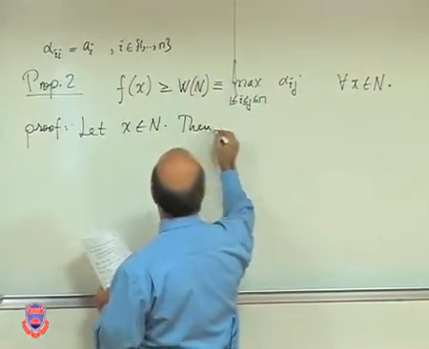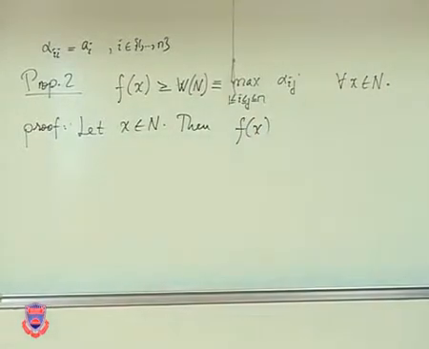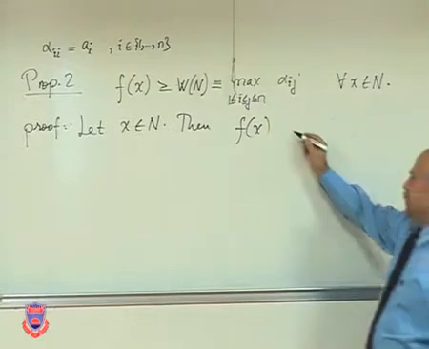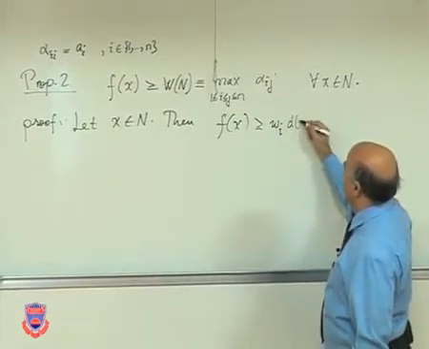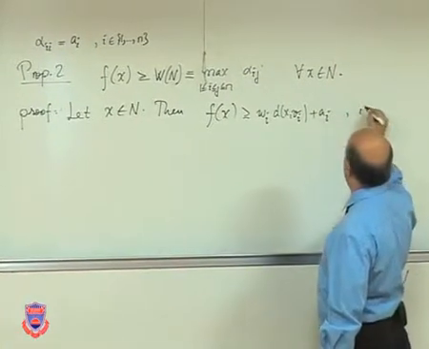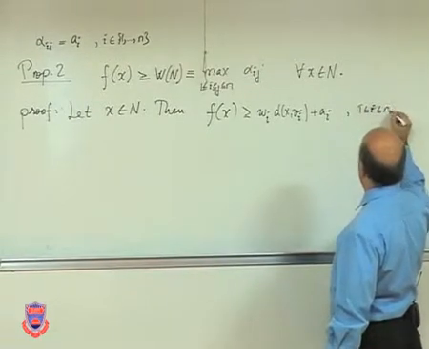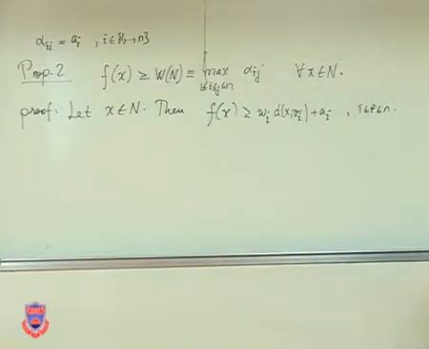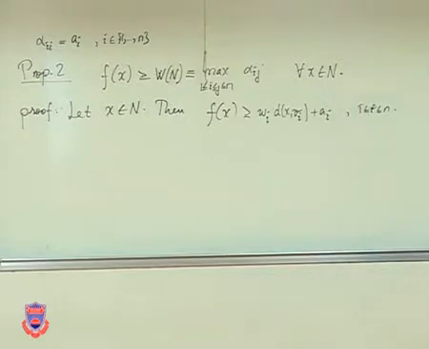Then, of course, we know that because the definition of f of x is the maximum of those weighted distances, then f of x is greater or equal wi times d(x, vi) plus ai for every i, because f of x is the maximum of those terms. So it should be greater or equal each of those terms.